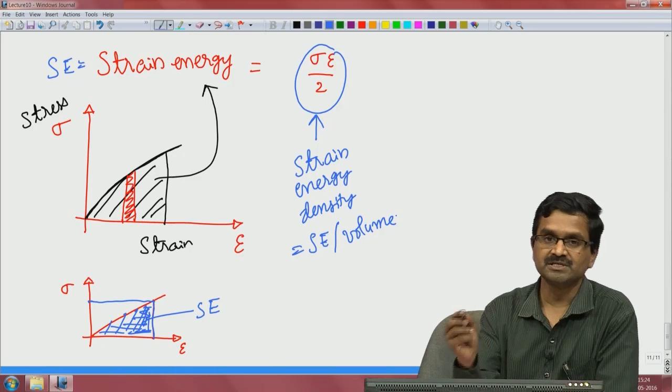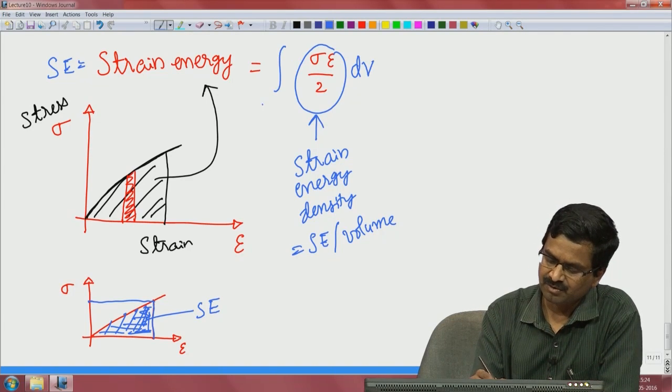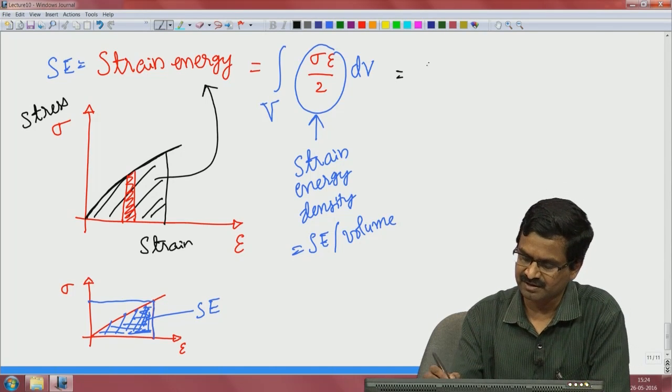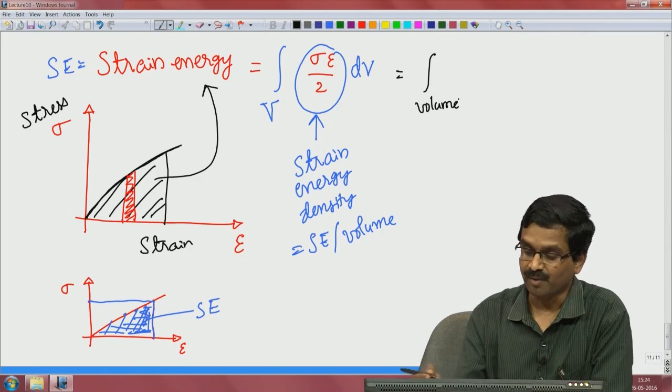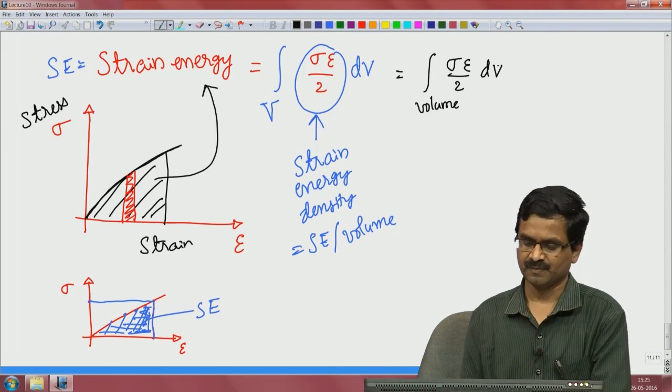So, in order to get the total strain energy, I have to integrate it over the entire volume. So, what we have written here, over the entire volume of the bar, in this case we have sigma epsilon by 2 dV, right.